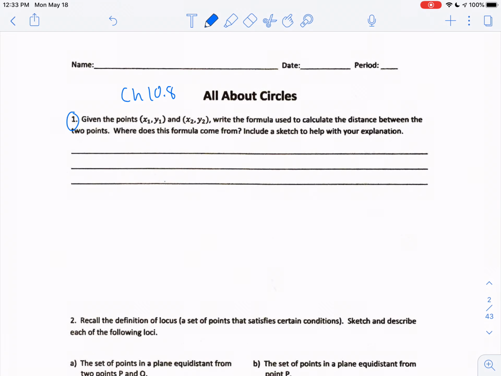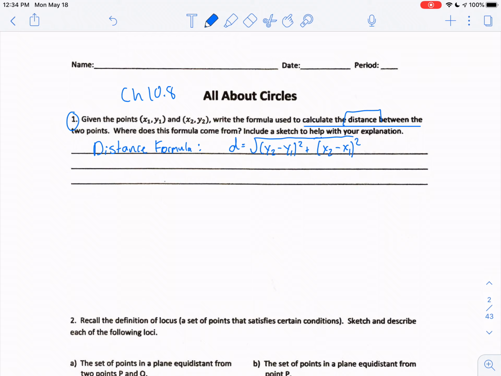Given the points x1, y1, x2, y2, write the formula used to calculate the distance between the 2 points. Distance formula. Who got that? Distance formula. Is d equals the square root of the quantity y2 minus y1, quantity squared, plus the quantity x2 minus x1 squared.